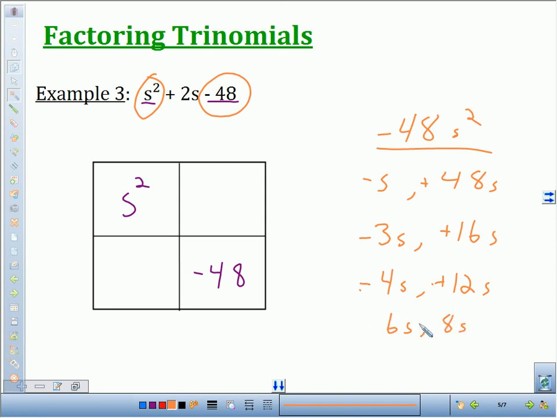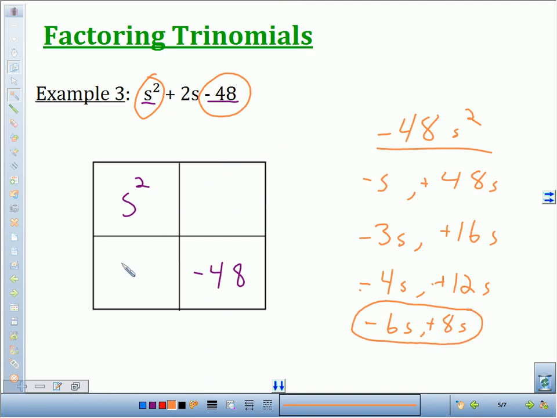If 8 is negative and 6 is positive, negative 8 plus 6 is negative 2. That doesn't work. But if 8 is positive and 6 is negative, negative 6 plus 8 is positive 2. That means my factors need to be negative 6s and positive 8s.